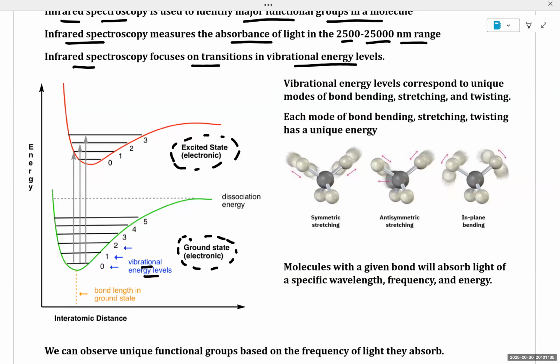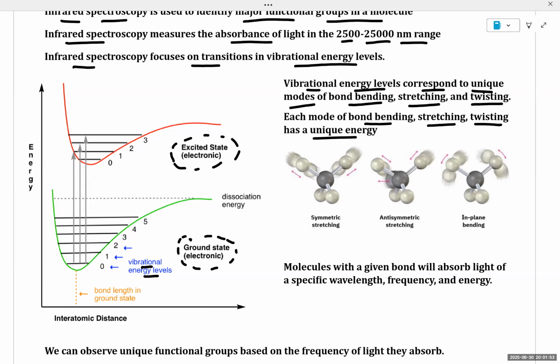So what are vibrational energy levels? Vibrational energy levels correspond to unique modes of bond bending, stretching, and twisting. Each mode of bond bending, stretching, and twisting has a unique energy.